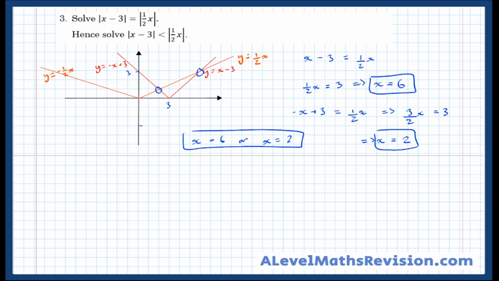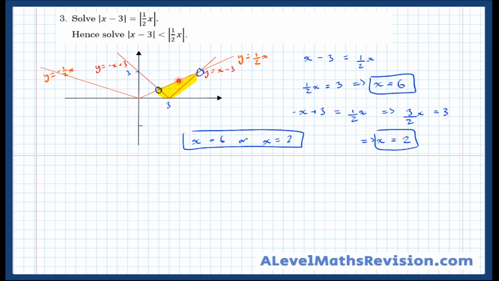And then it says, hence solve that inequality there. So we want where the graph of modulus of x minus 3, the red graph, is underneath, less than, the orange graph. So I can see that the red is underneath the orange between these 2 points here, this region here. The red graph is underneath the orange graph.